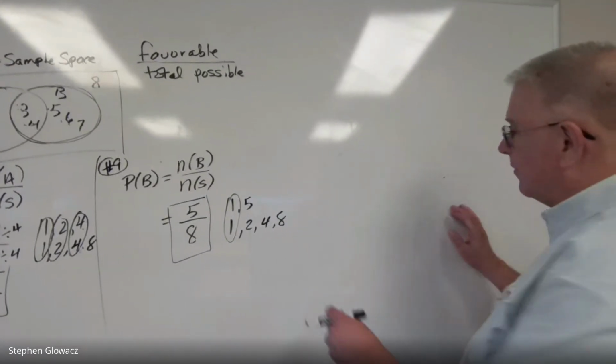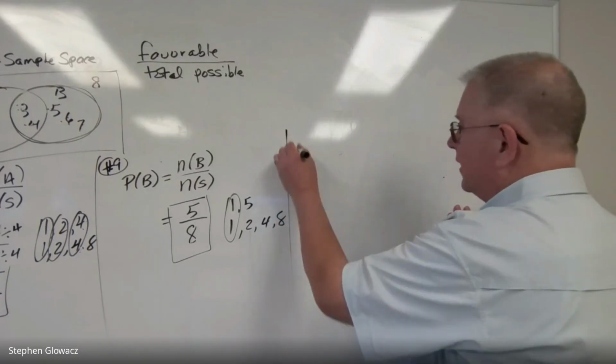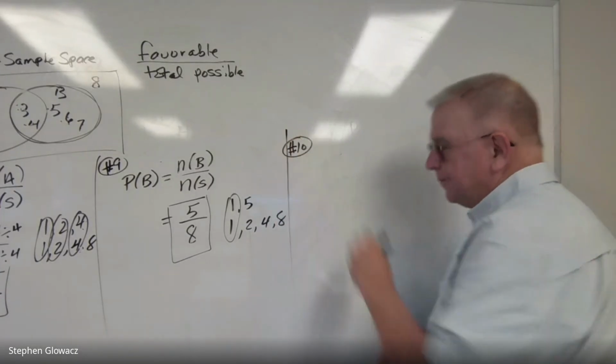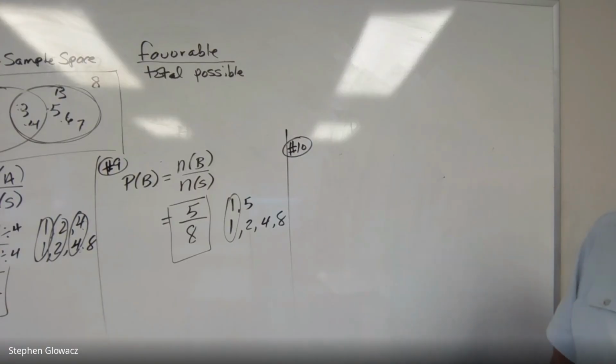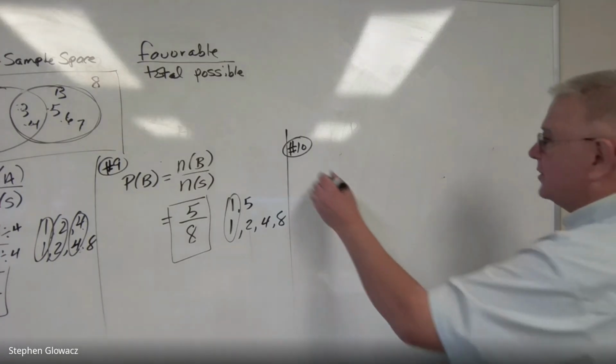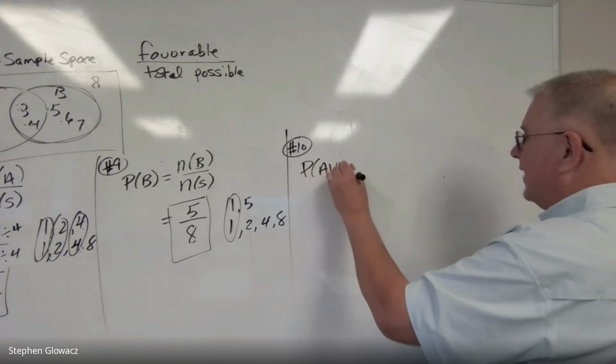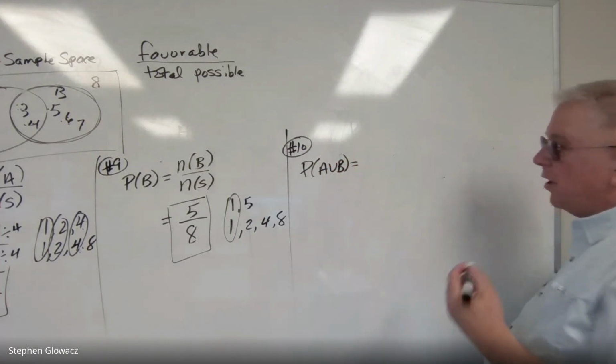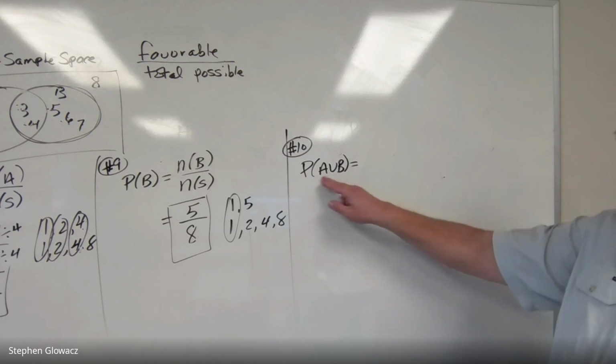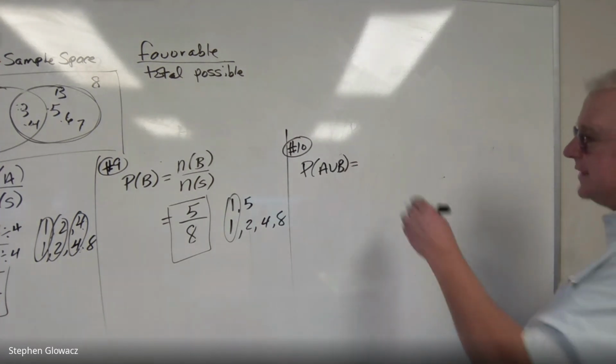And it looks like we're going to have to write a little bit smaller here for 10 and 11. Let's see if we can squeeze these in here. So for number 10, we're doing the probability that a number is in the union of A and B. You say, well, that looks a little more involved. Not really. It's the same idea.